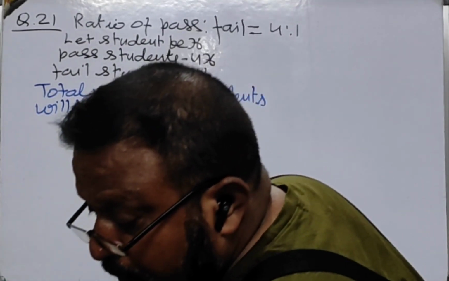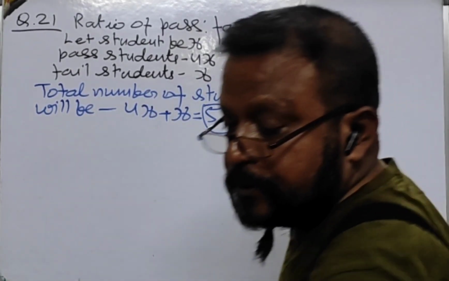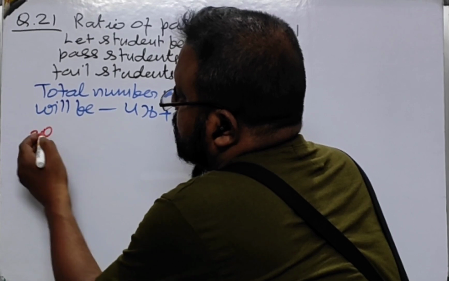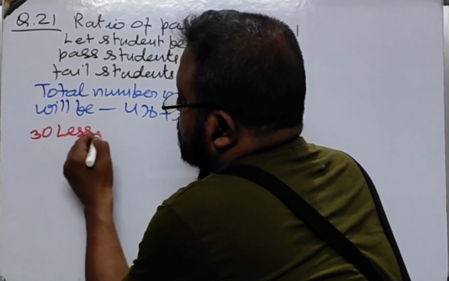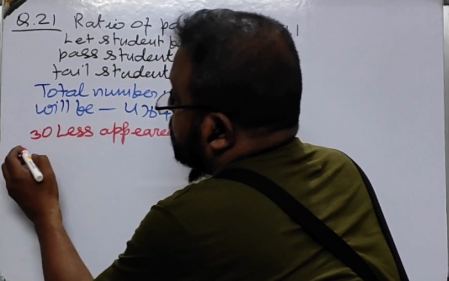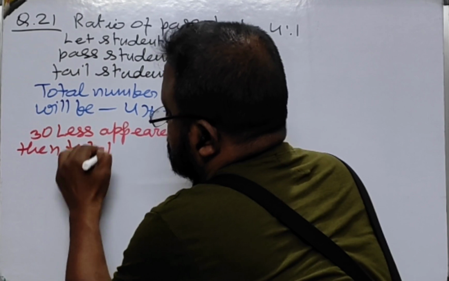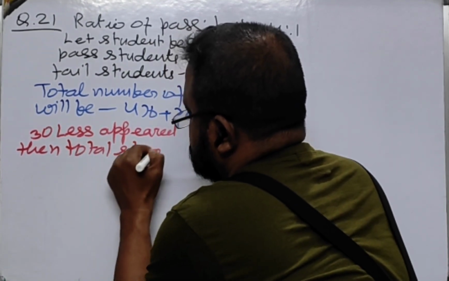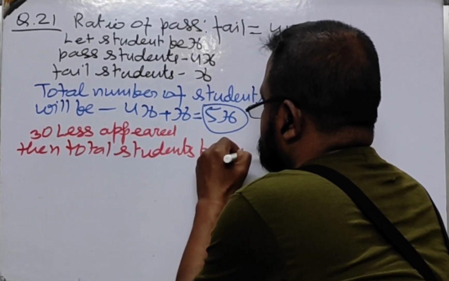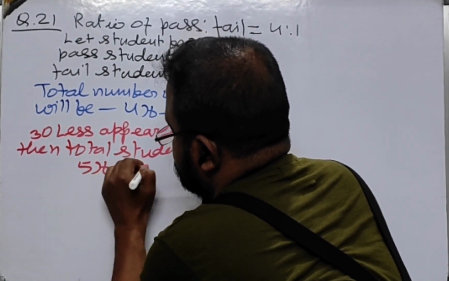Now what is given? If 30 less had appeared, then total students becomes 5x minus 30, right?